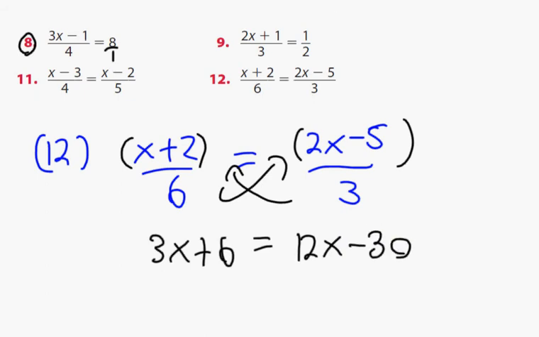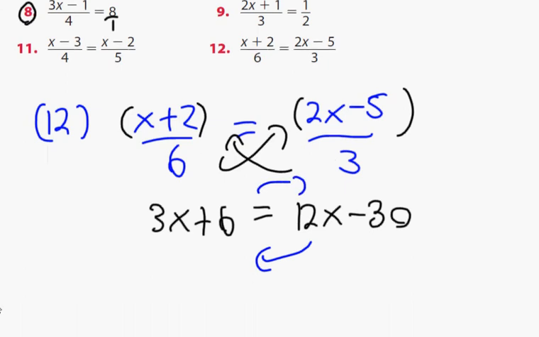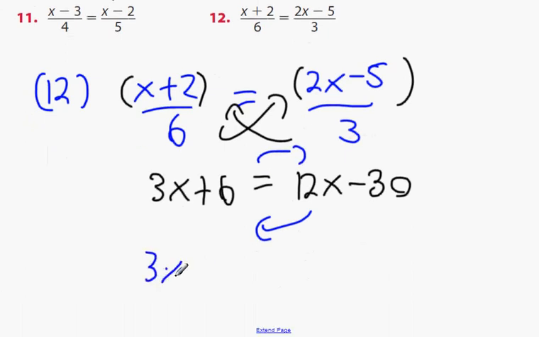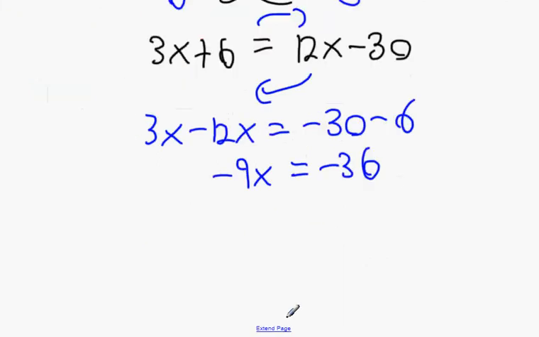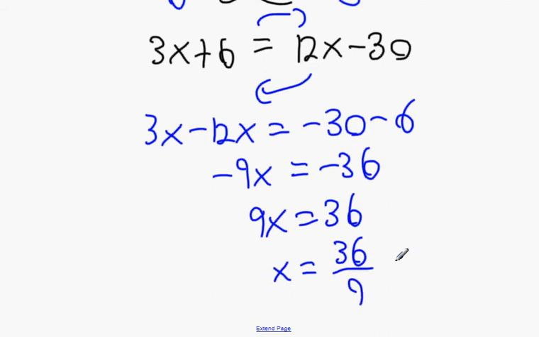Bring the x's over one side, the numbers over the other, and what happens then? 3x minus 12x equals minus 30 minus 6, so minus 9x equals minus 36. What should be my next step? Divide by minus 9. Perfect. And then x equals 36 divided by 9, which equals 4. Is everybody happy enough with that?